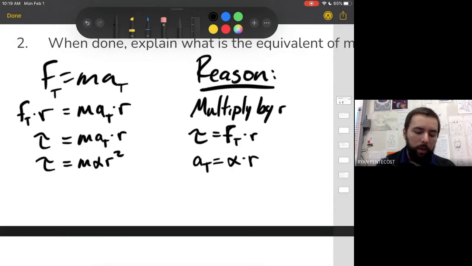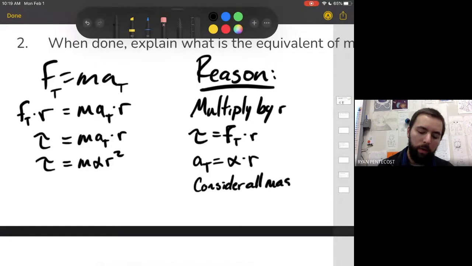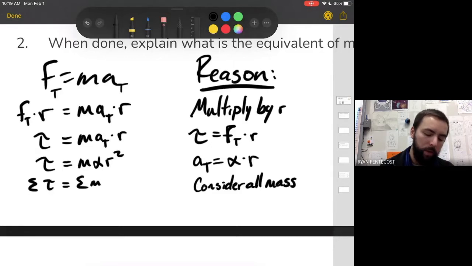And now, if we are doing this to an object, because torque is usually done to an object to rotate an object, we now have to consider all mass in the object, so this becomes a summation. You've got summation of torque equals the summation of all mass times its alpha times r squared. Right?